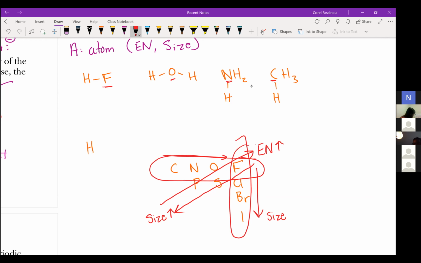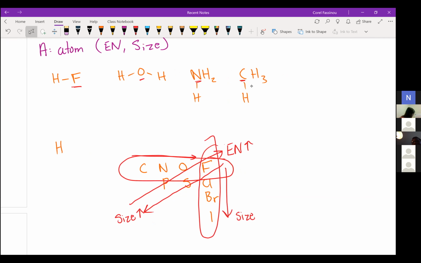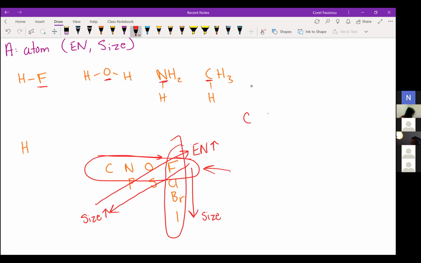In this first example, we can see that HF, OH, that O right there, the N and the carbon, they're all going to be in that second period. So let's just rewrite that as carbon, nitrogen, oxygen, and fluorine.